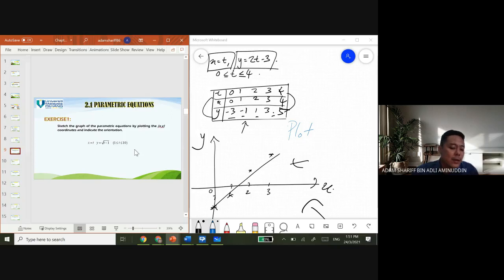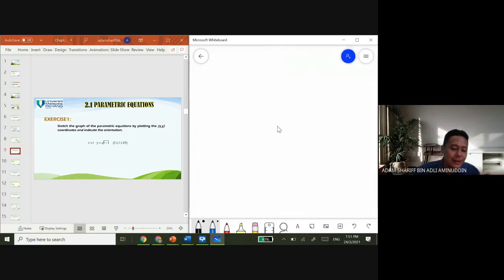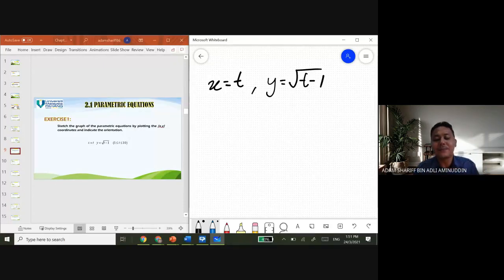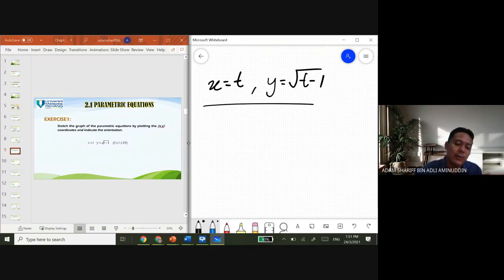Okay. So right now let's look at the different kind of parameter. Okay. Ini x sama dengan t. Again sama dengan t, tapi kali ini kita y equals to square root t minus 1. Okay, if you use the plot, boleh je plot, tak ada masalah. Plot, what is the t here? Oh, banyaknya. So t, 10.